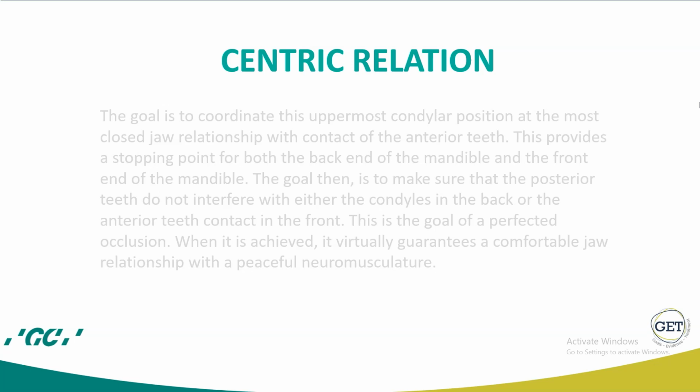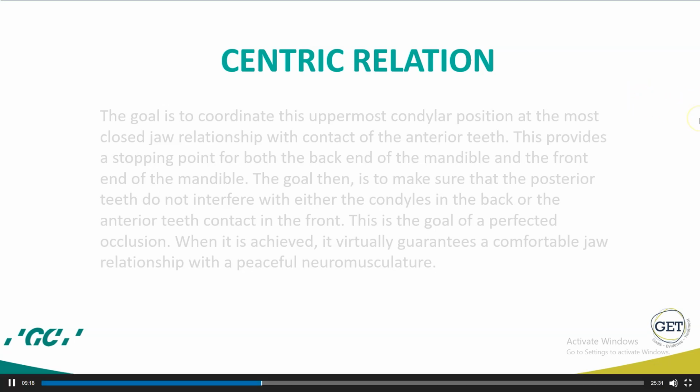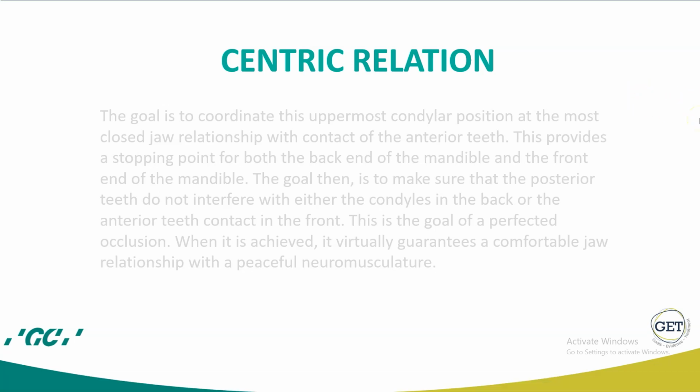The goal then is to make sure that the posterior teeth do not interfere with either the condyles in the back or the anterior teeth contact in the front. This is the goal of a perfect occlusion. When it is achieved, it virtually guarantees a comfortable jaw relationship with a peaceful neuromuscular structure.